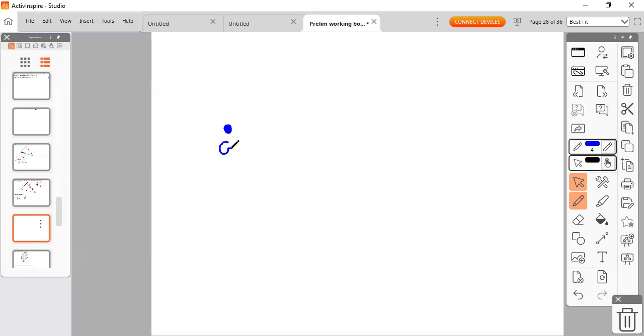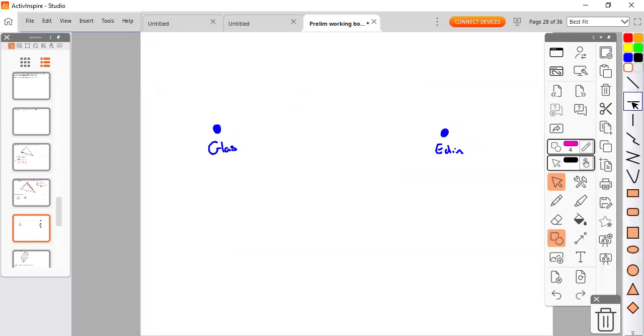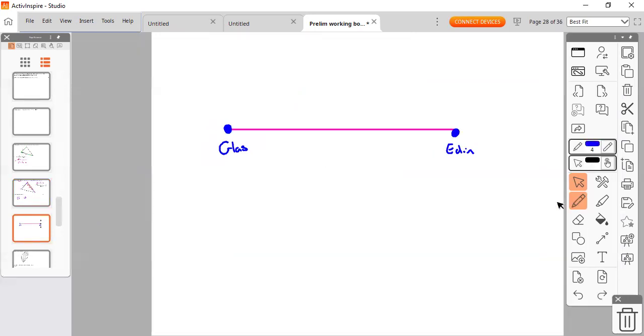We can make it as simple as Glasgow to Edinburgh. We can say 40 miles. We can describe that as GTE. We're going in that direction.